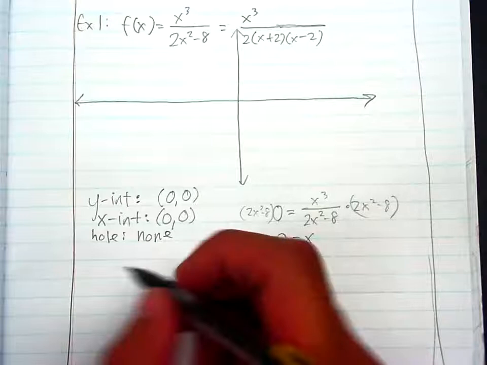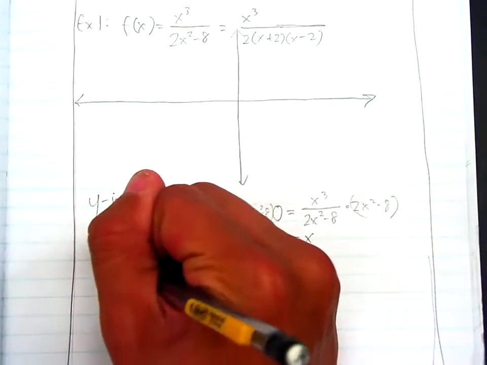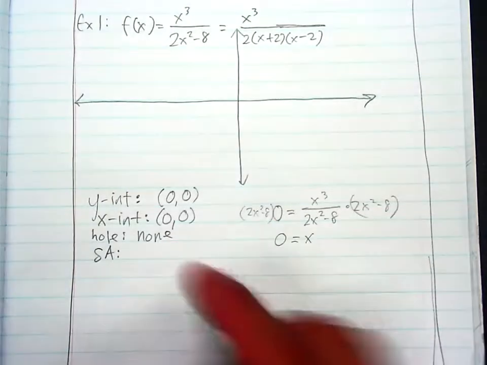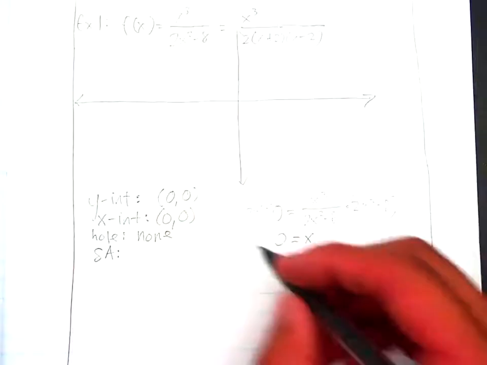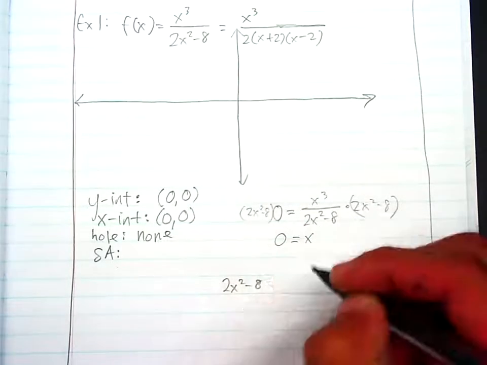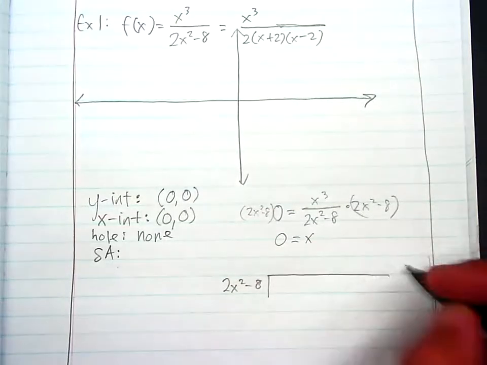And now, typically we would write horizontal asymptote. Right now I'm going to write SA for slant asymptote. The way we find a slant asymptote is we are actually going to long divide this. I'm going to divide x cubed by 2x squared minus 8.